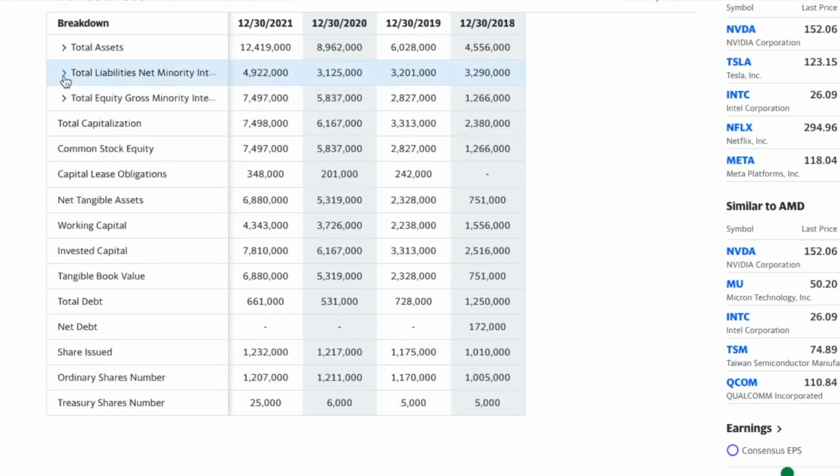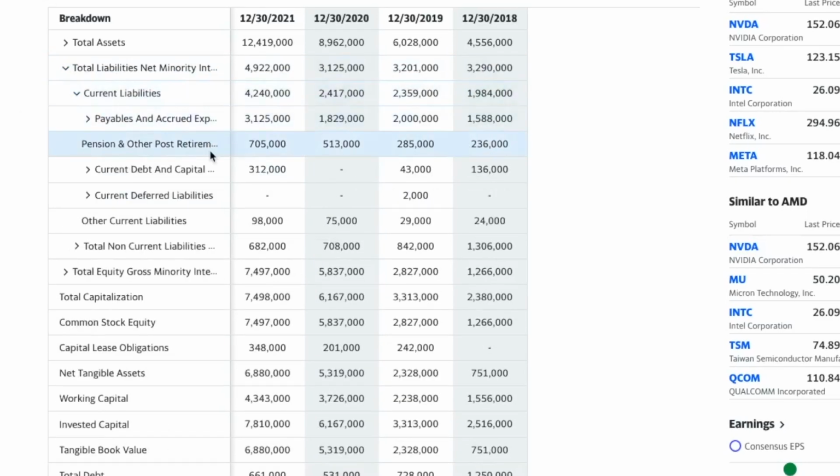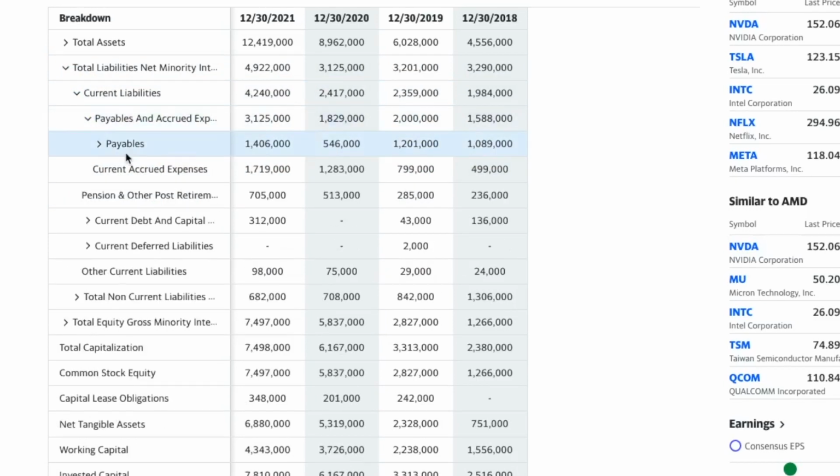Second on the list is the liability. Like the assets, the company also owes money to its suppliers, or has long-term debt, which is known as the liability. Current liability is further divided into different categories, and first is the payable and accrued expenses. Payable is anything that a company owes to a creditor or supplier, and similar to payable is the accrued expenses.